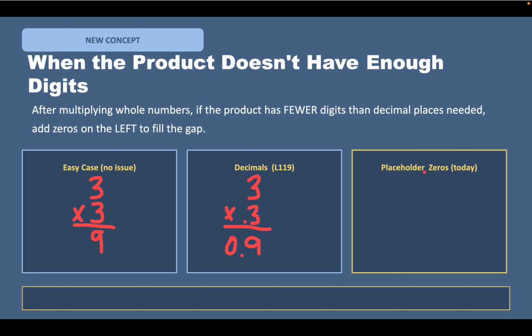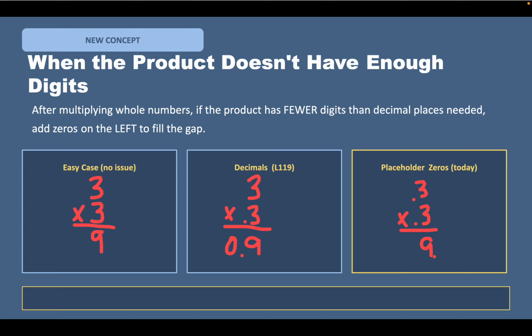And then what we're doing here, placeholder zeros, let's say we have 0.3 times 0.3. Well, again, we multiply as if they're whole numbers. 3 times 3 is 9. But again, we see we have 1 digit and another digit, so 2 digits after the decimal point, and we only have 1 digit in our answer.